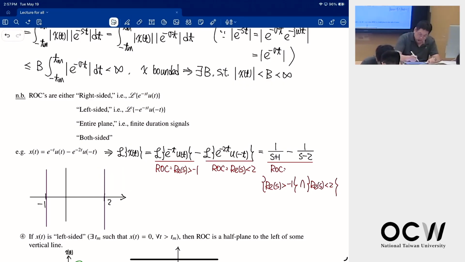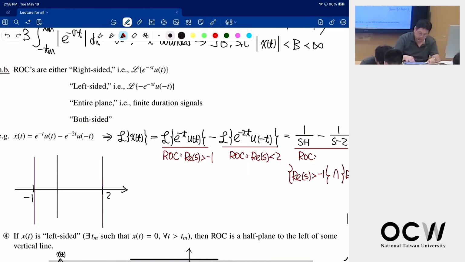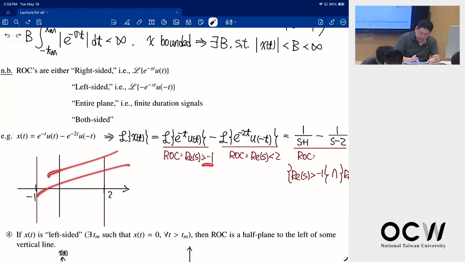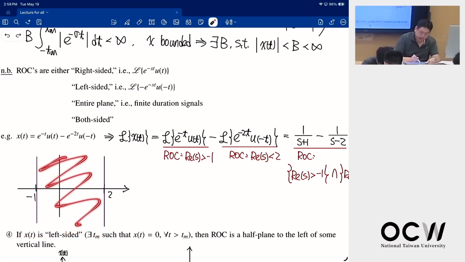Greater than minus 1, less than 2. The intersection is in between.